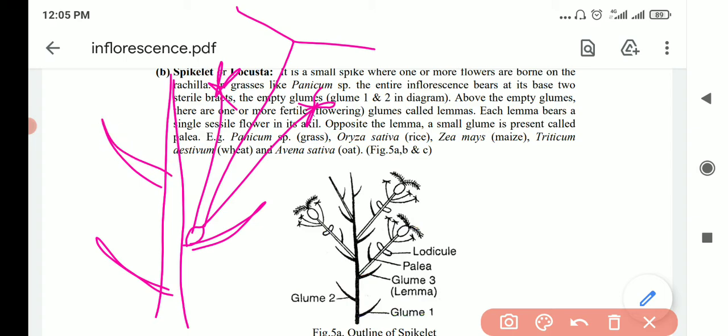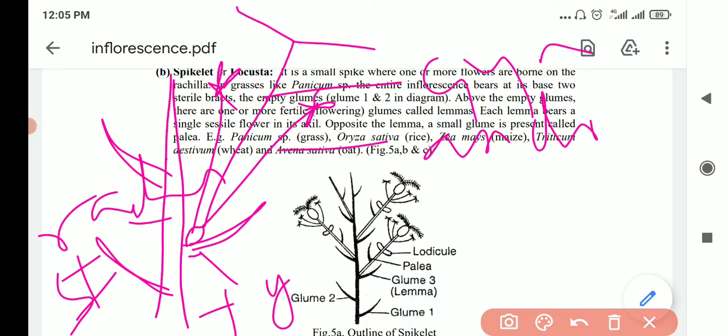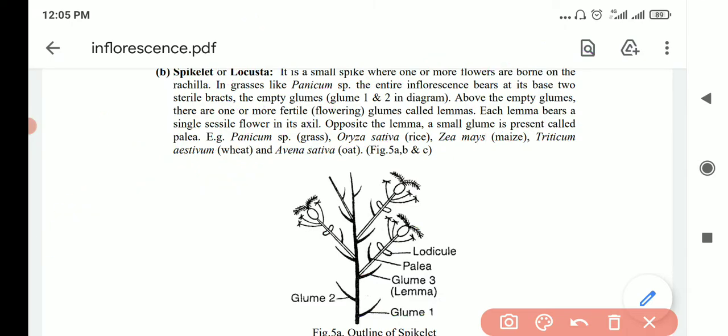I think this will be an easier diagram for you. So you label this as fertile glume, then this one as androecium, then this one as gynoecium, then this one sterile glume. Then you can label this as rachis, no? So easy way. So the spikelet, let's read what is written over there.